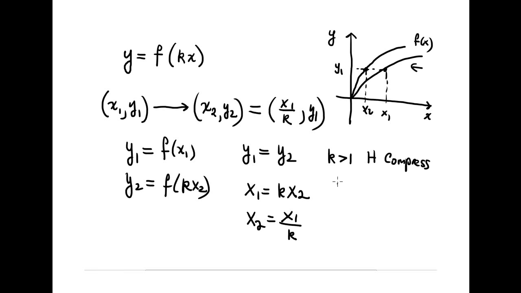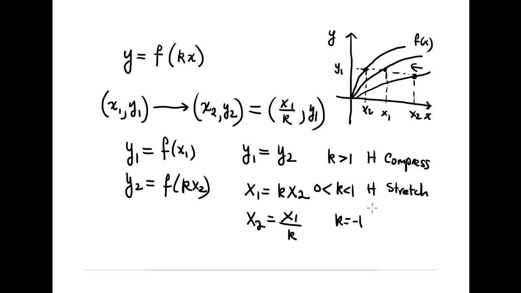Likewise, see, k is a fraction between 0 and 1. Now, when you divide by a number less than 1, this is like increasing. So in this case, the motion is in this direction. This is the new x2. So this is horizontal stretch. Likewise, it happens when k is negative 1.